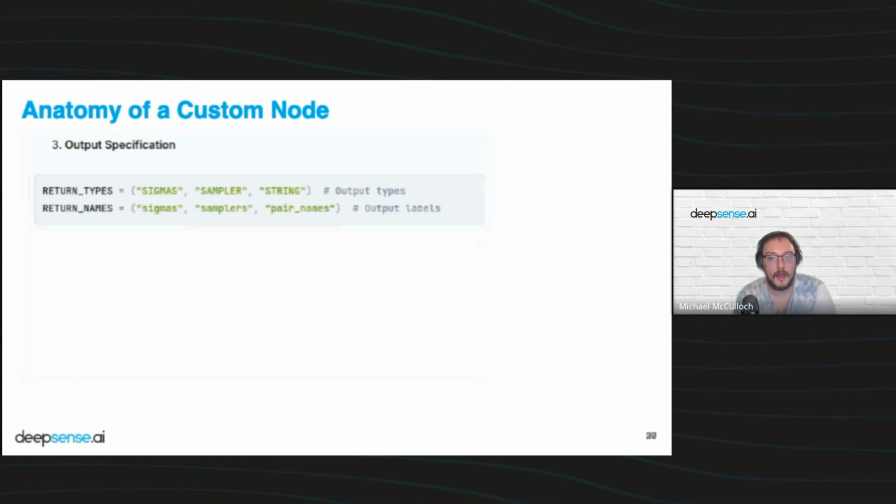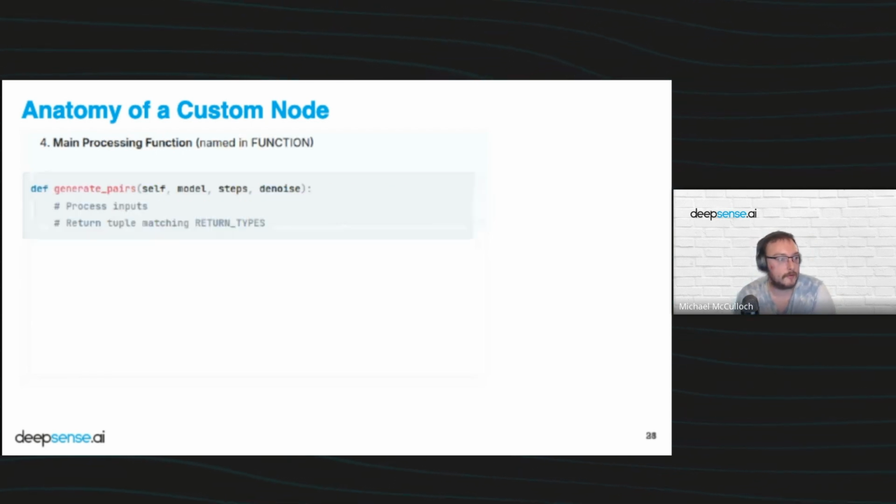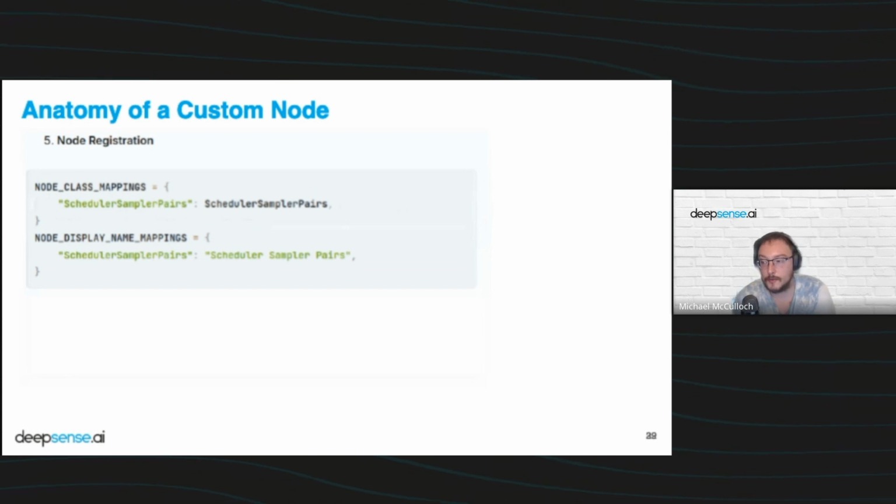Sigmas is there as the computed result of our sampler for all of the different samplers that we might wish to use. Generate pairs. In this example, this code was used to generate all possible combinations of samplers and schedulers. So we accept a list of models that are compatible and how many steps we want to use, and we return the entire list. Finally, we register it directly with the ComfyUI runtime.